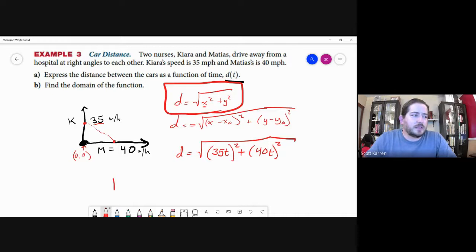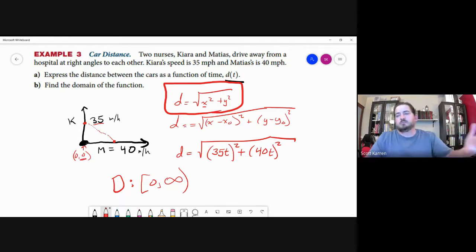So we would say that our domain, since they're starting at that point here, would be from 0 to presumably infinity. I don't know how far these roads go. The real world domain would be however far they go before they can't go on these roads anymore. But we don't know that, so the domain here is just going to be from 0 to infinity.